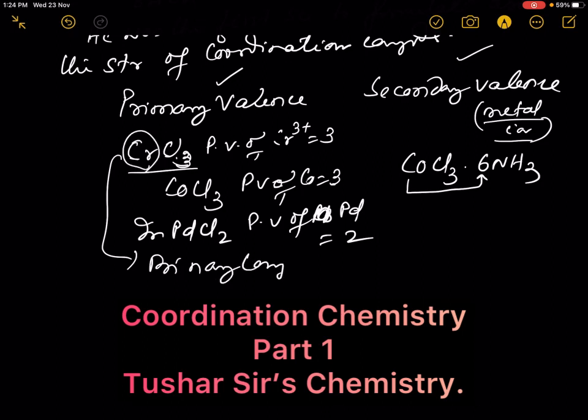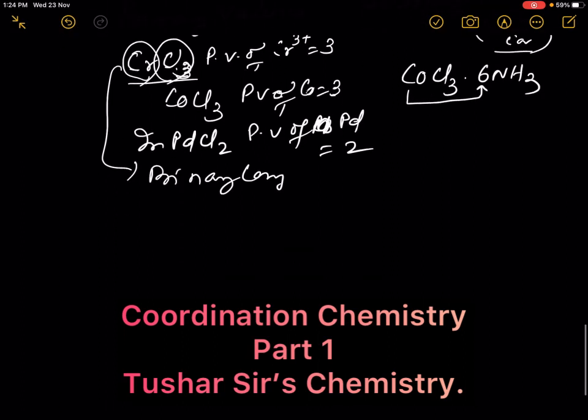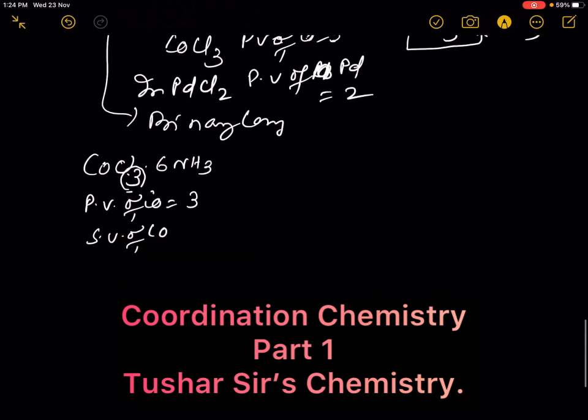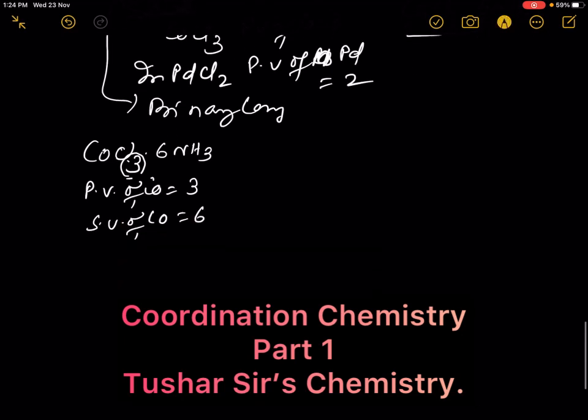Binary means two types of elements are there. Next, he took CoCl3·6NH3. Here primary valency of cobalt is 3. Secondary valency of cobalt is equal to 6.